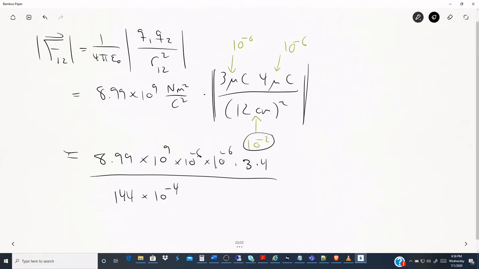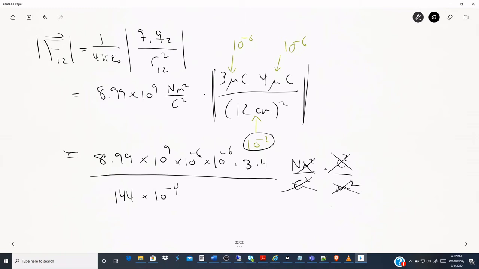And as far as units, there's going to be the units from Coulomb's constant, the units from the product of the two charges, and the units from the distance squared. This will cancel this, and that will cancel that. So I'm left with newtons as my units, as expected. Now I've got to do 8.99 times 3 times 4 over 144.